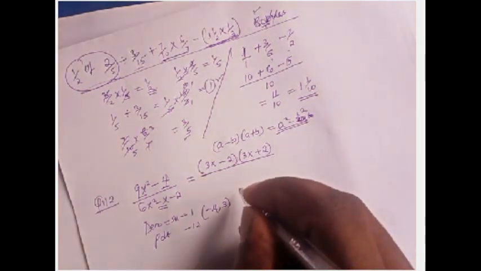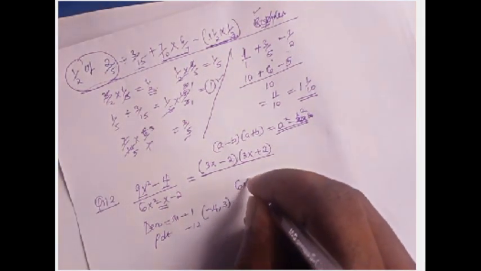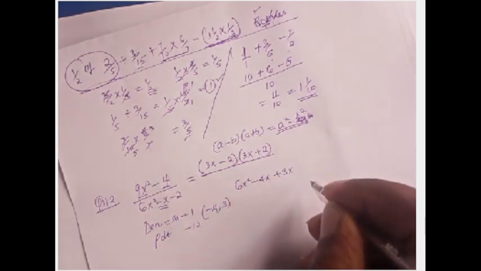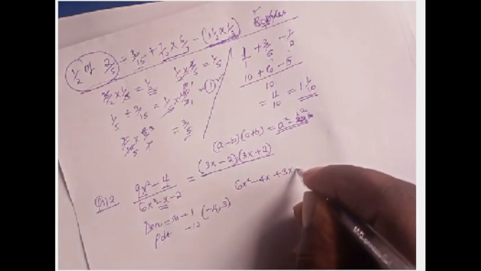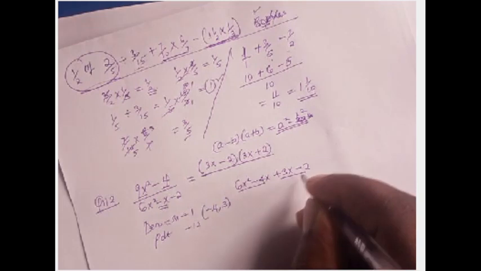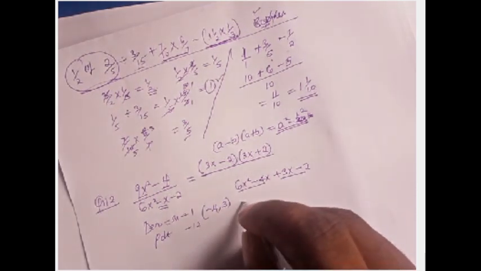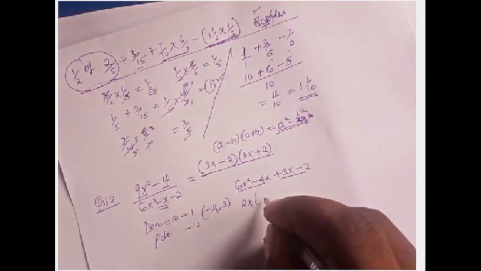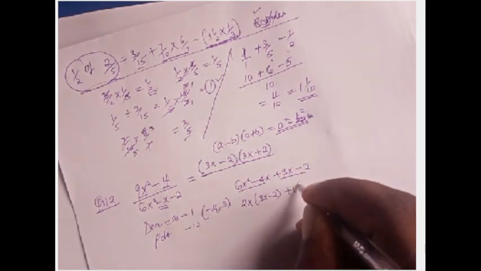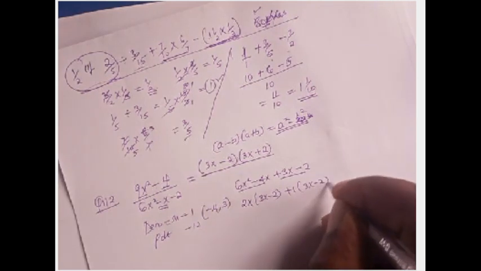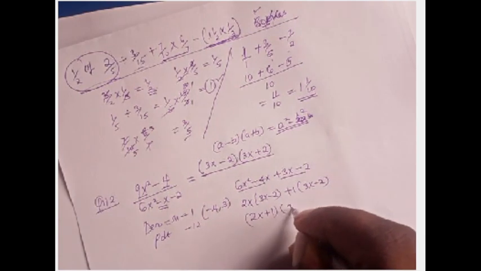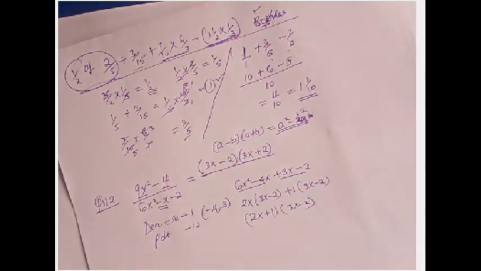Factorize 6x squared minus 4x plus 3x minus 2. Group them into 2. 2x is common in the first group: 2x times 3x minus 2 plus 1 times 3x minus 2. So 2x plus 1 and then 3x minus 2.